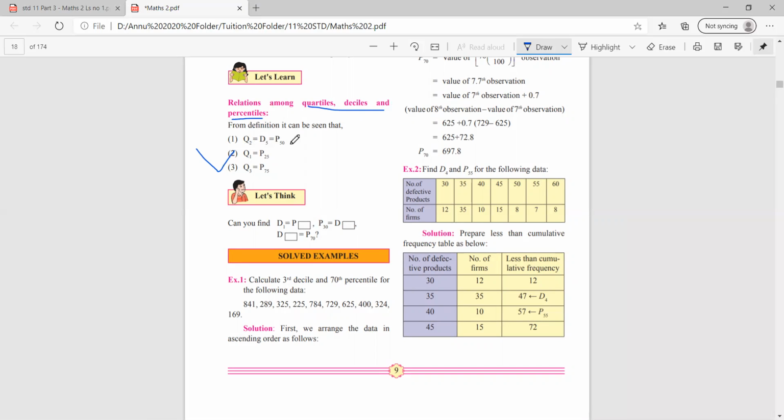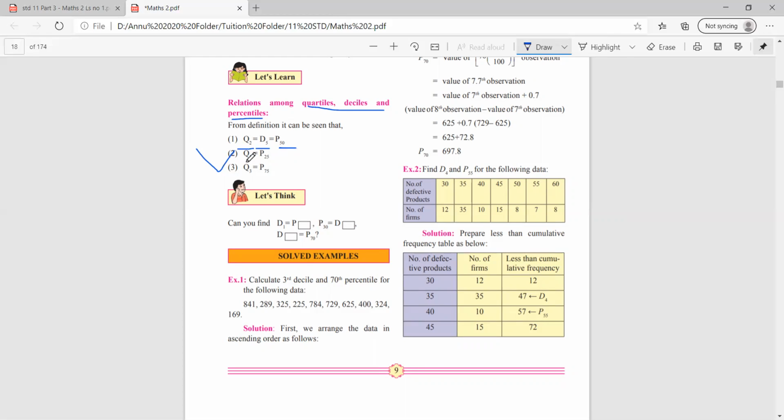So median stands for Q2, D5 and P50. These three represent the median of the data. Whenever they tell you median and nothing is specified, you can find Q2, D5 or P50. All three are equal.